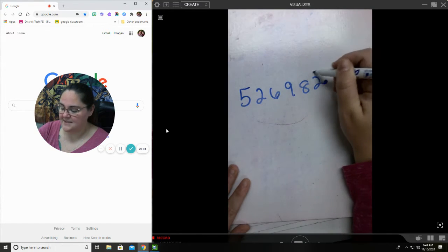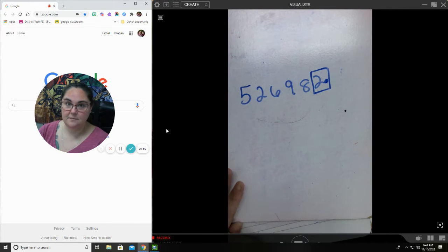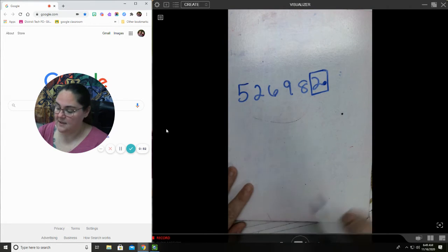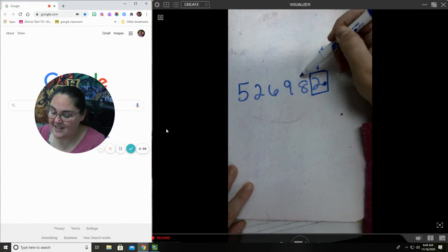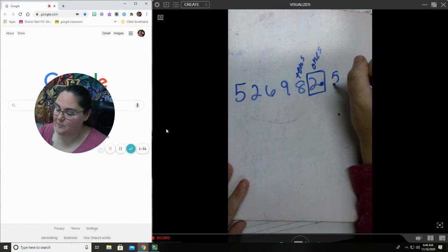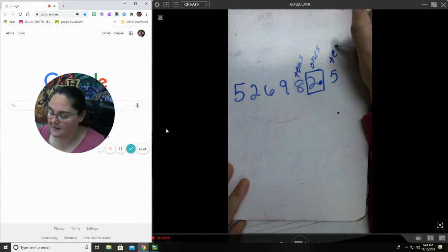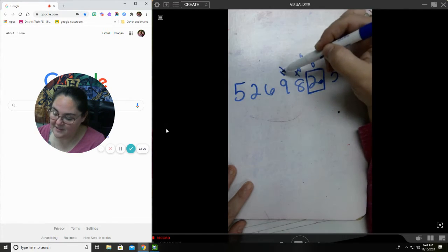So I think of my decimal and my ones column as almost like the pivot point. That's like the center. Because this is my ones. Right here we have tens, but on this side, it would be tenths. This is my hundreds.